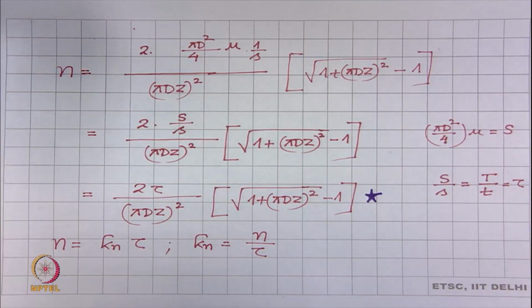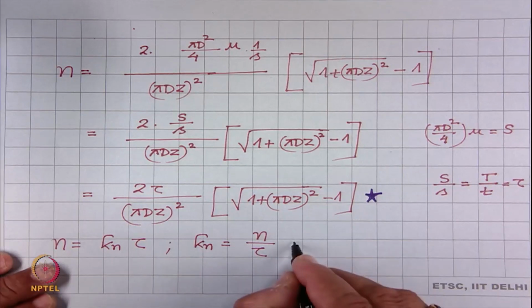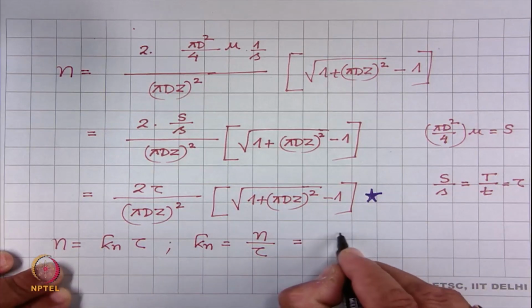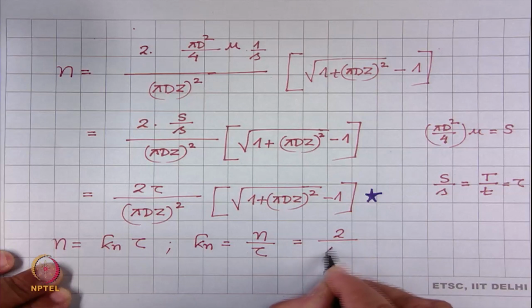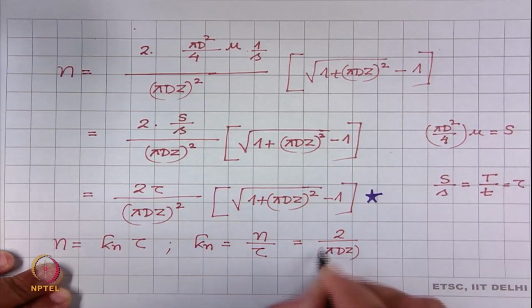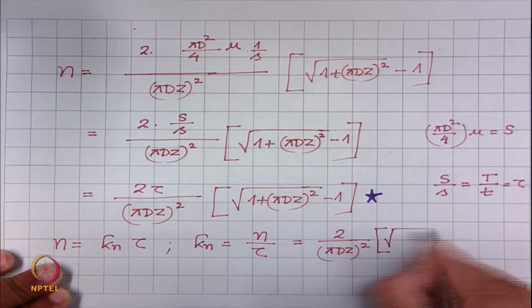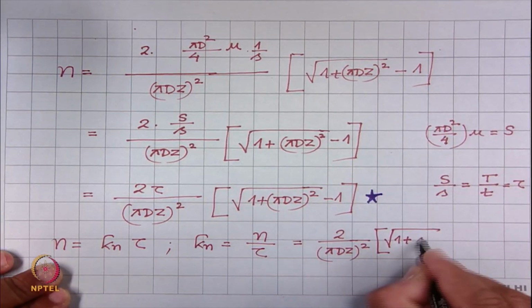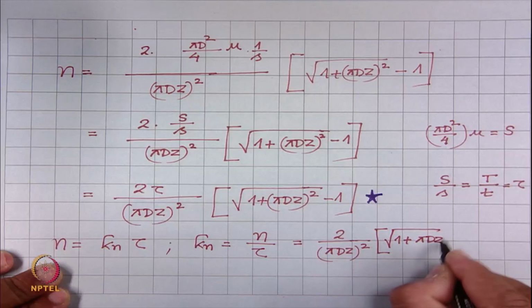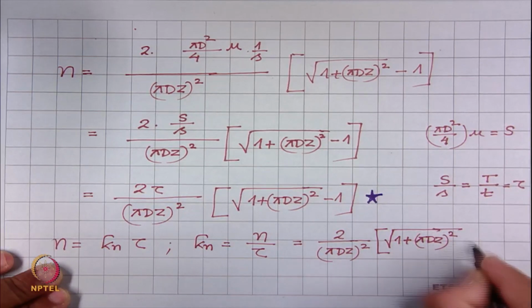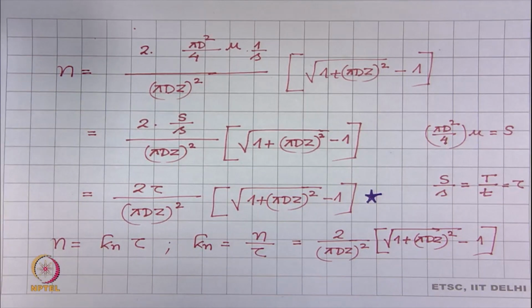If we substitute n from here, what we see is 2 by pi dz square, root over 1 plus pi dz square minus 1. So, we can also find out the value of k n.